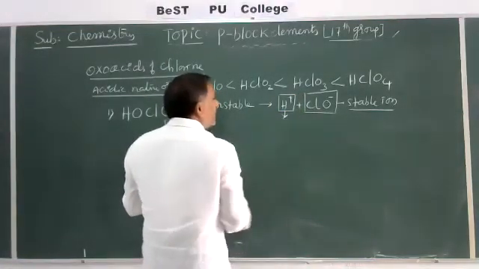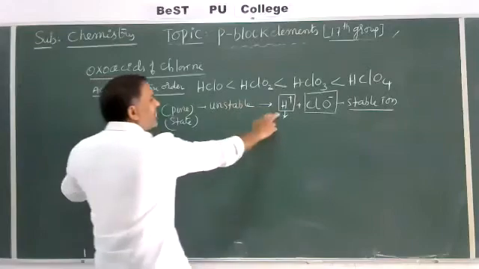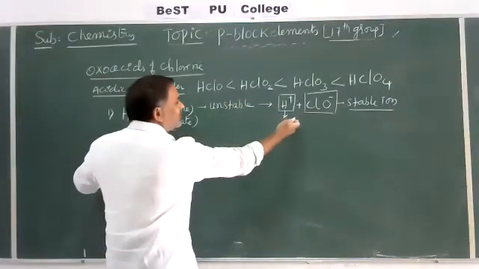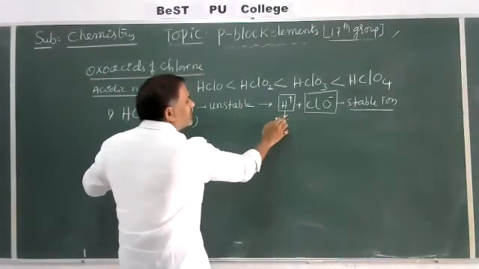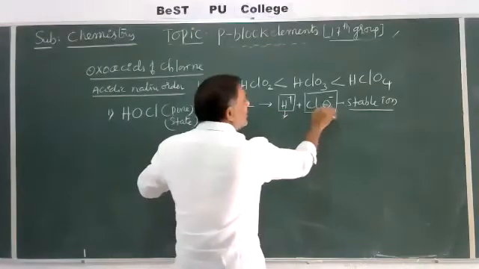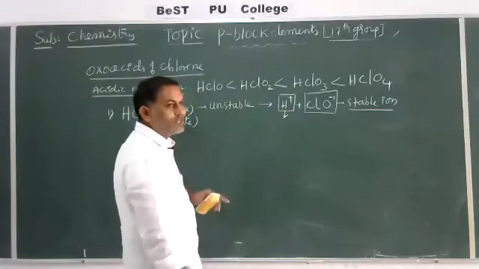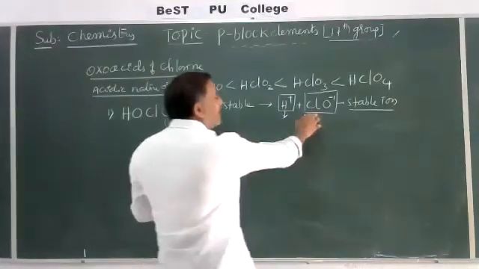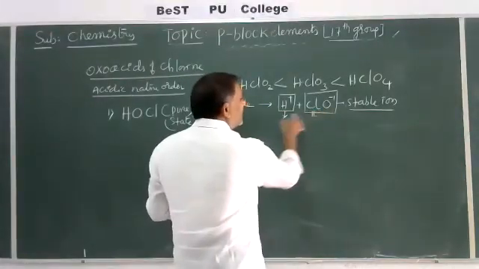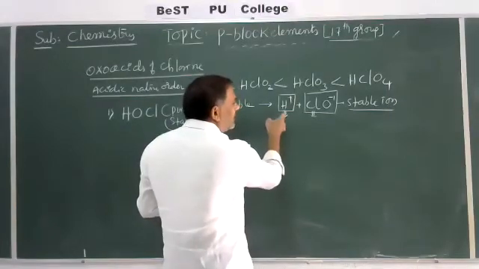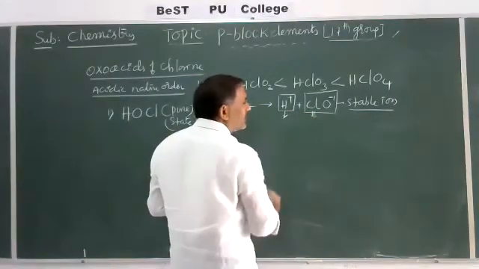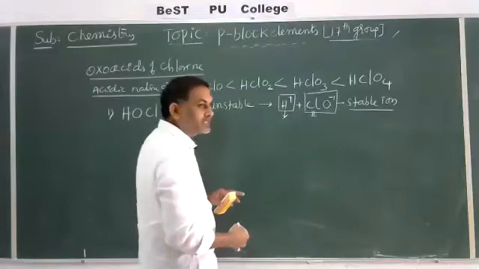That's why it produces H plus ion when dissolved in water, it is easy to dissociate. That's why it is acidic in nature, and it gives ClO minus. Now that ion is a stable ion. HClO is the acid, hypochlorous acid.